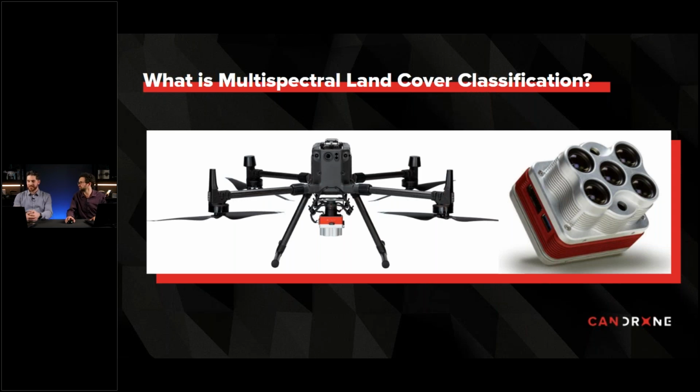Yeah, and Mark had a question here. He was asking, can you do multispectral with an RGB camera? Well, yes, you can. You can isolate red, green, and blue bands and create a separate image for each. And then you can put together some index that uses 1 or 2 or 3 of those bands.